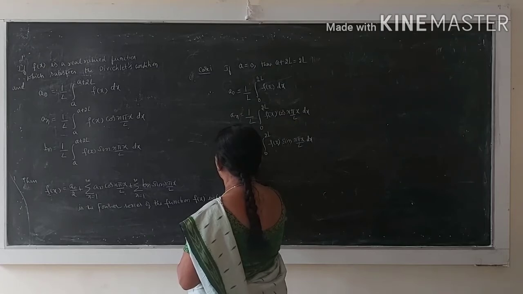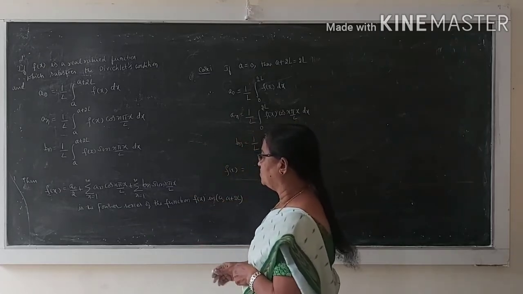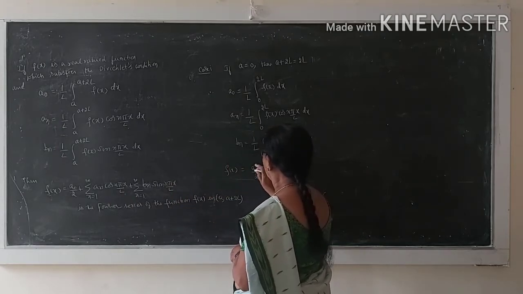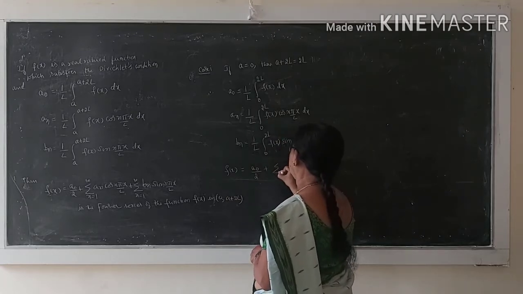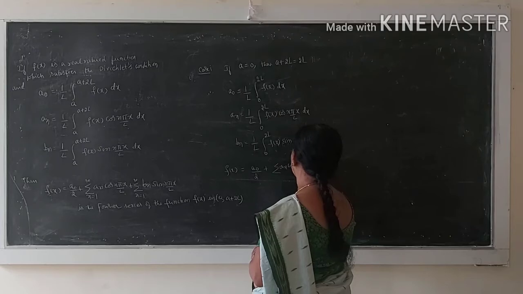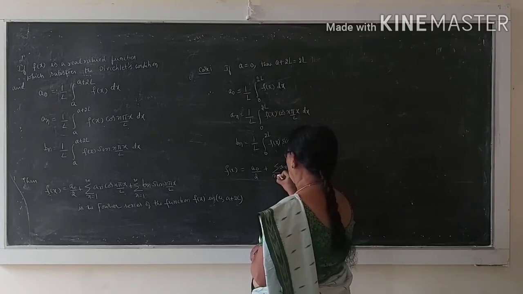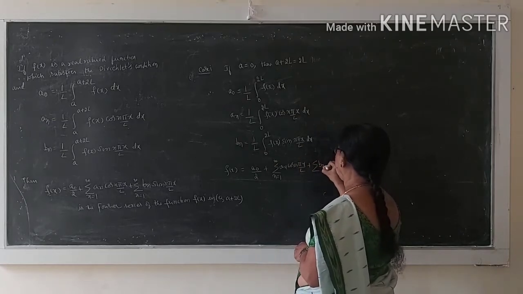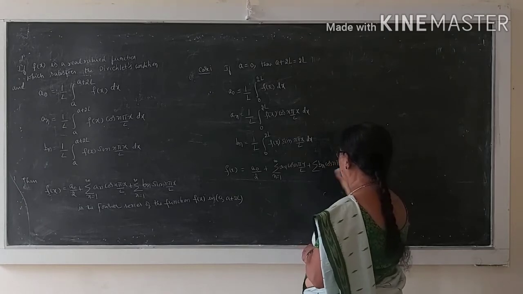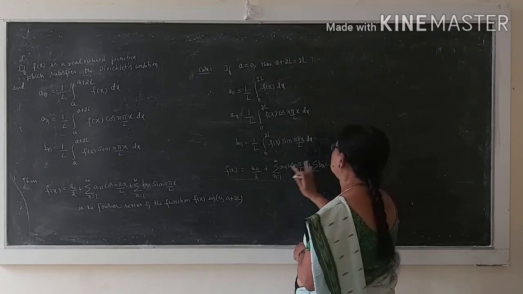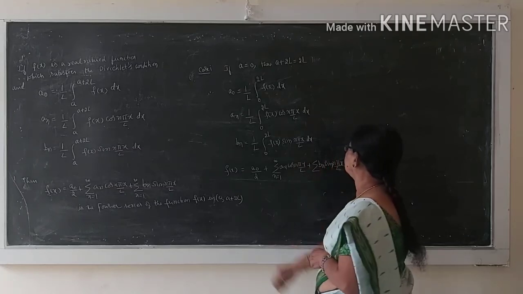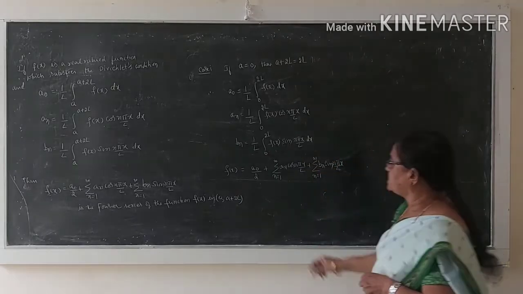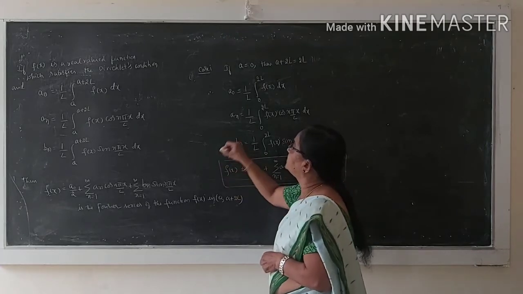As usual, f(x) is equal to a0 by 2 plus summation an into cos(nπx/L), where n ranges from 1 to infinity, plus summation bn into sin(nπx/L), where n ranges from 1 to infinity. This is the formula for the Fourier series, where we substitute the values of a0, an and bn.